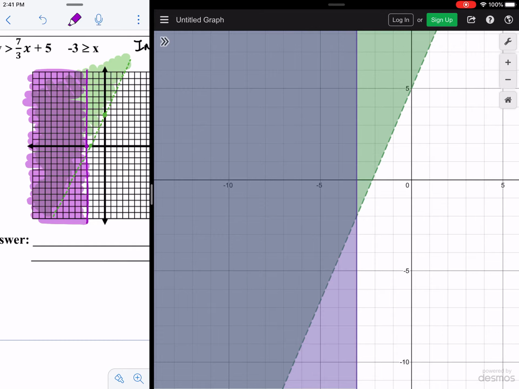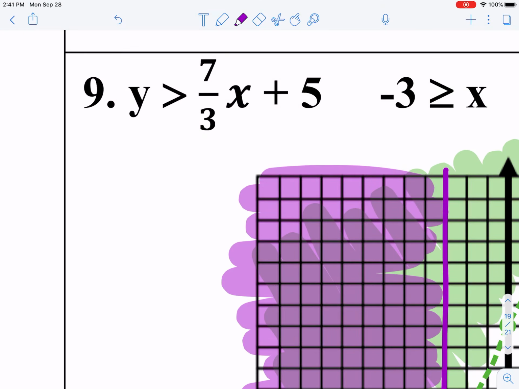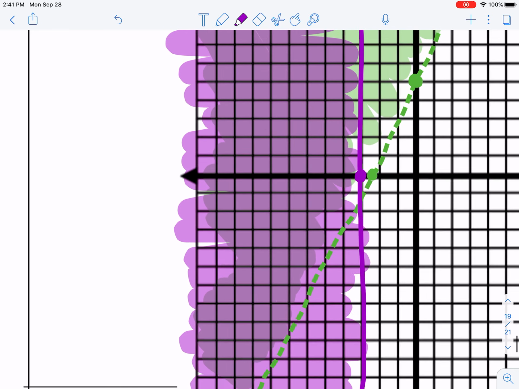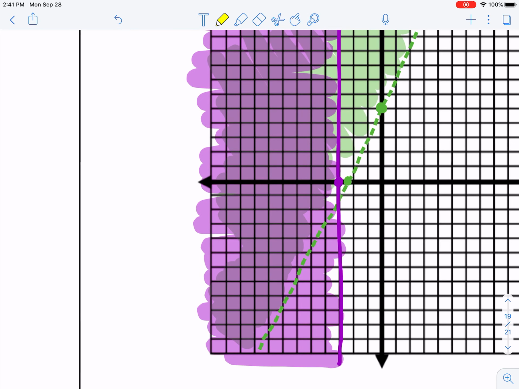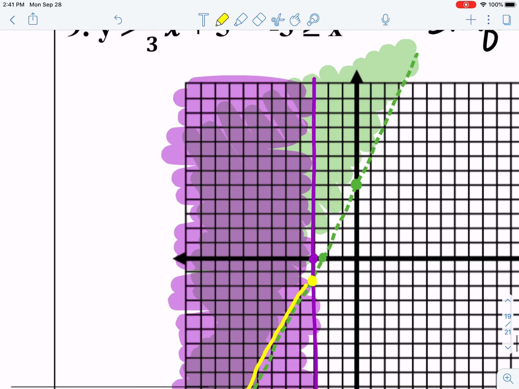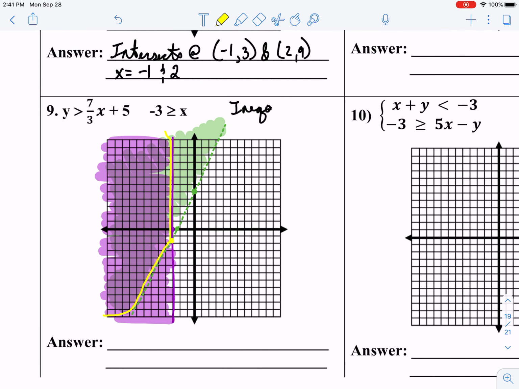So if I look, I can see that I have the intersection here, and then from here all the way here, all of this is answer.